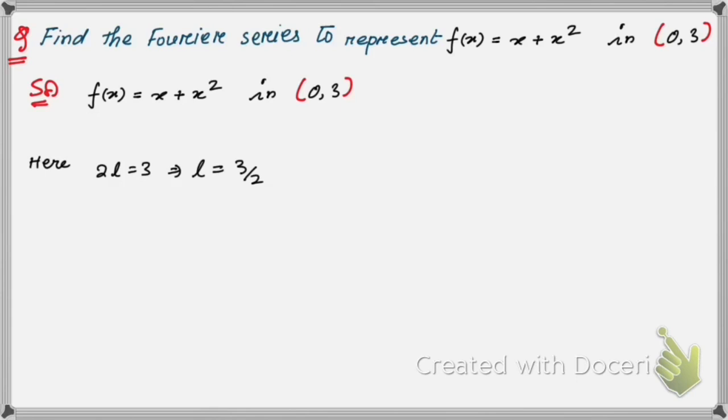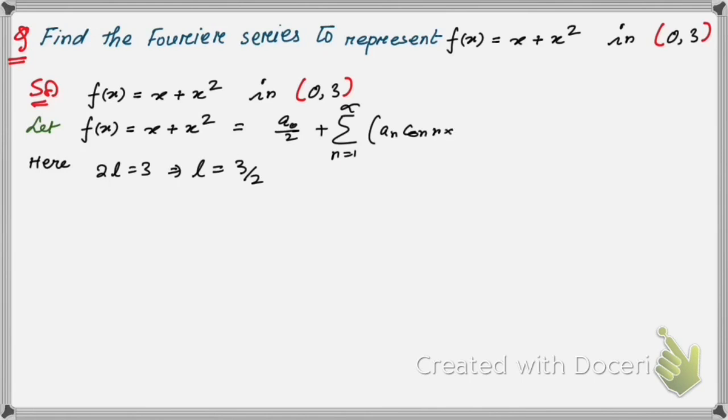Now here we have to write, let this f of x or this function be equal to a naught by 2 plus summation from n equal to 1 to infinity a n cos nx, sorry, not sin, cos nx plus bn sin nx. So this is, suppose, equation number 1.